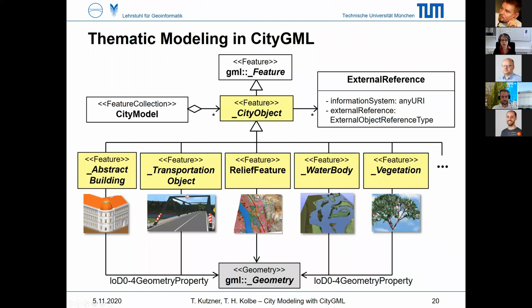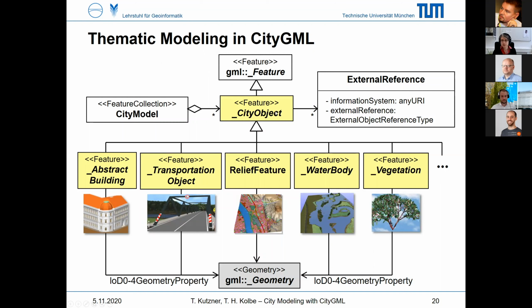Okay, so this just gives you again an impression or idea about how we do thematic modeling in CityGML. So all objects represent city objects in GML, and all these city objects are then part of a city model. And the city objects can be then the thematic objects like the buildings or the transportation objects, the vegetation, trees, and so on.